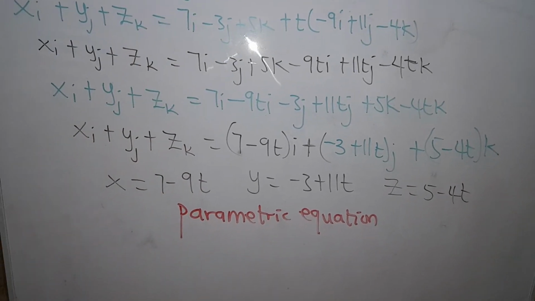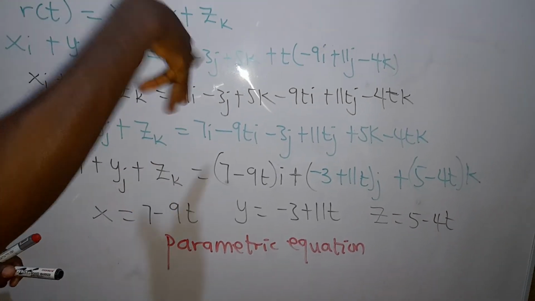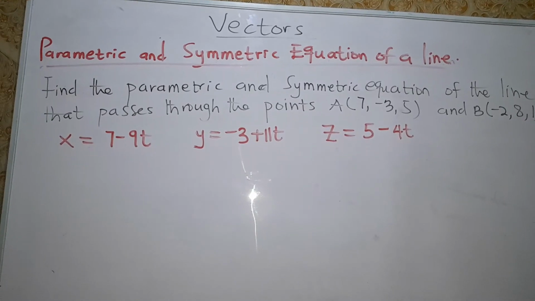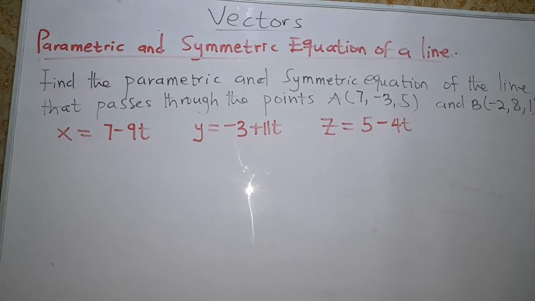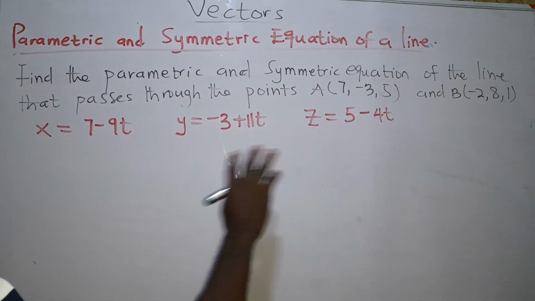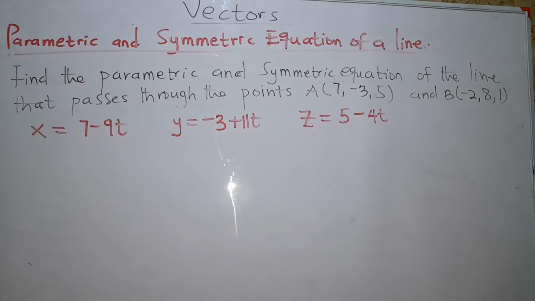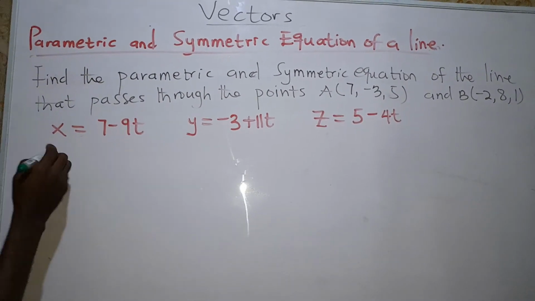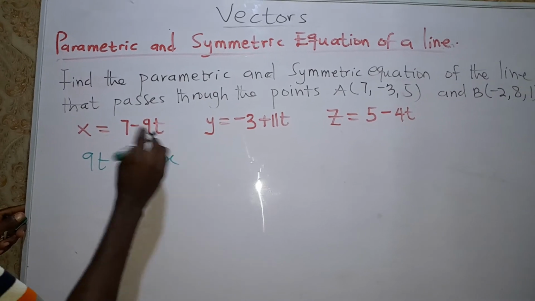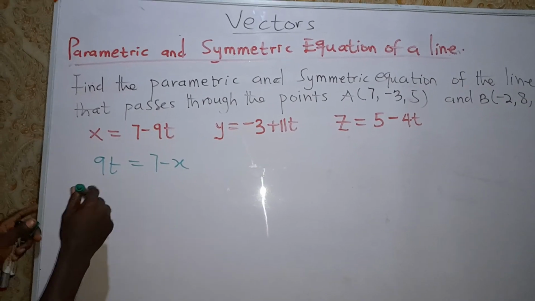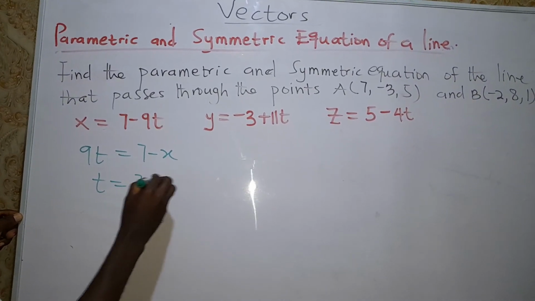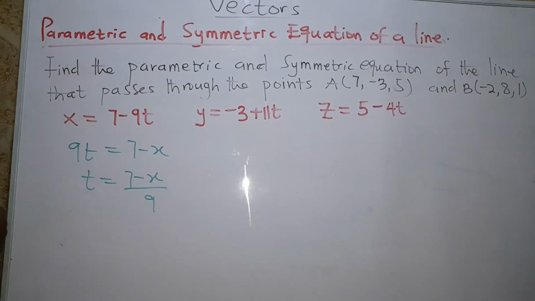Since we know our parametric equation, we can find the symmetric equation of the line by making t the subject in each of the equations. So we can say 9t is equal to 7 minus x. I brought the 9t and sent the x there. Then t will be equal to (7 minus x) over 9.